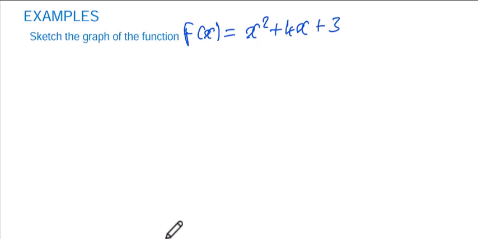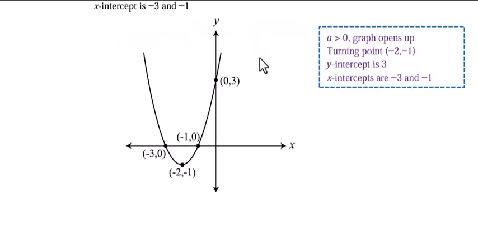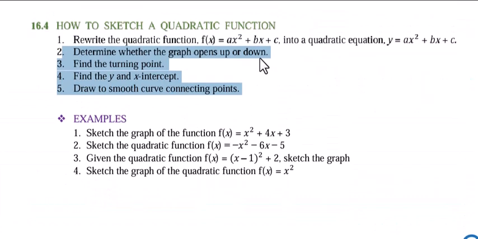All right, so we continue. Given this question, we're told to sketch the graph of the function f of x is equals to x squared plus 4x plus 3. So what are we supposed to do in this particular case?